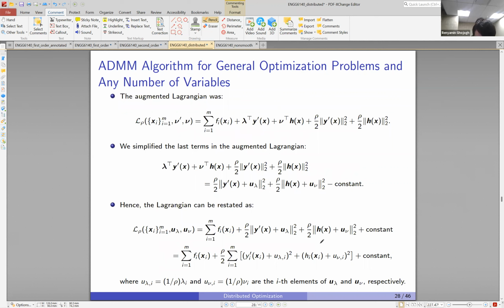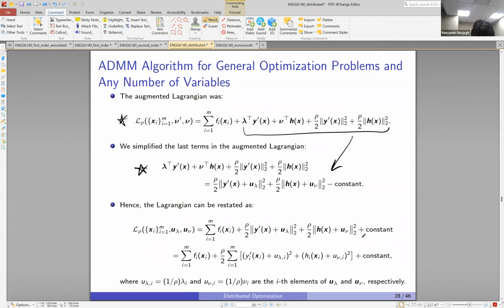Now I put those. So this was the augmented Lagrangian that we discussed. We simplified the last terms in the augmented Lagrangian, right? This was our simplification, which we discussed. Now let's replace this with this. So I'm putting this instead of this.